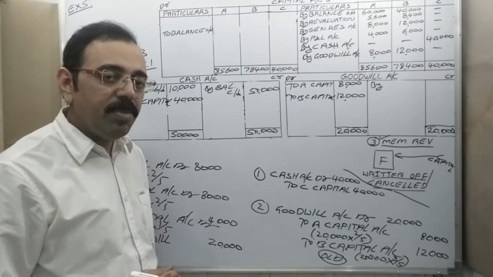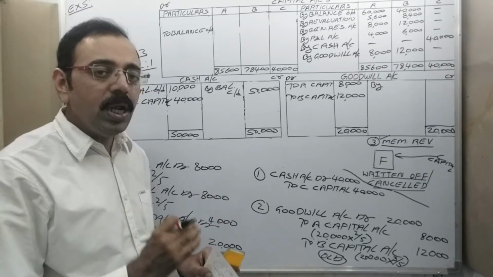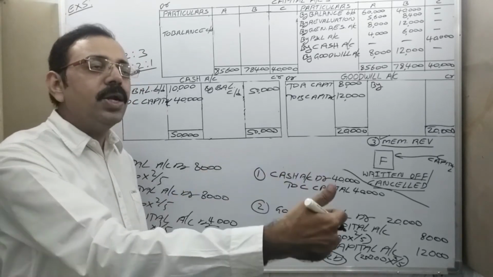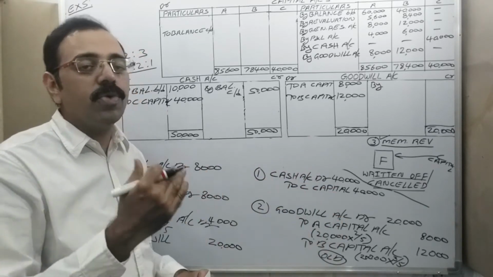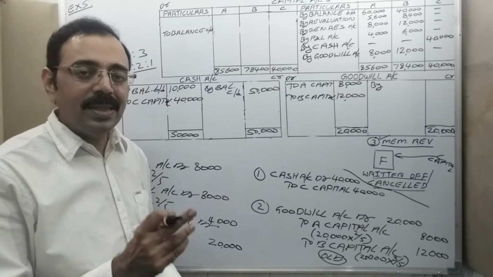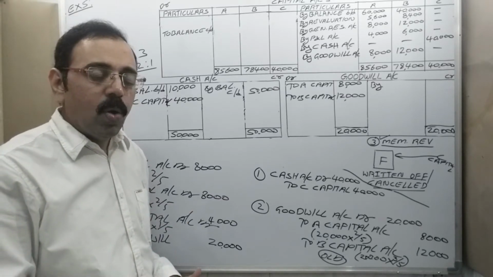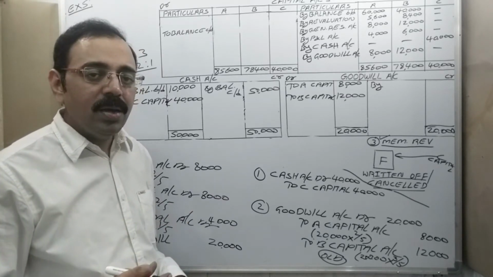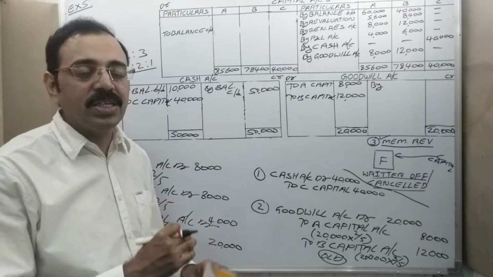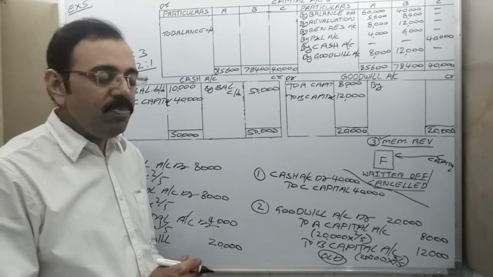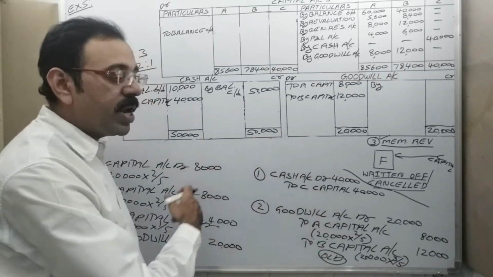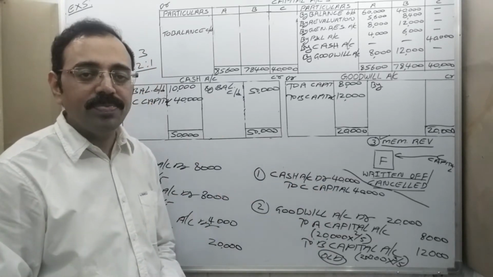What we did in premium method? In total goodwill, new partner should bring his share of goodwill, and that amount old partner should take according to their sacrificing ratio. Same thing happens in memorandum revaluation method also.